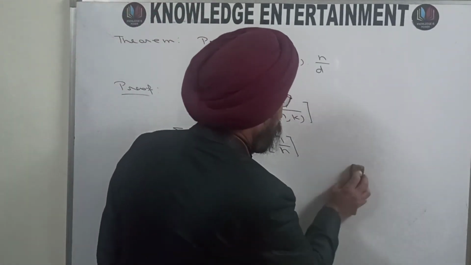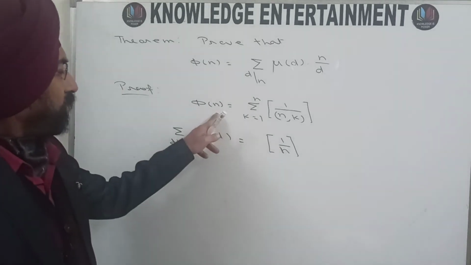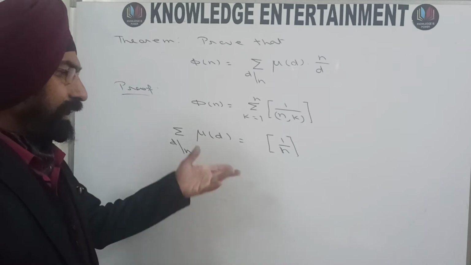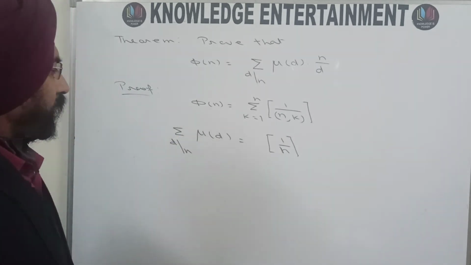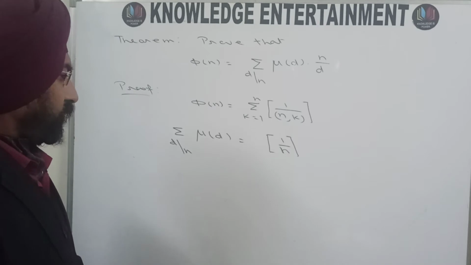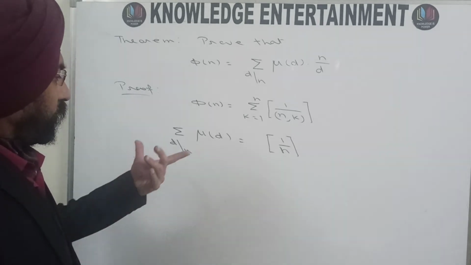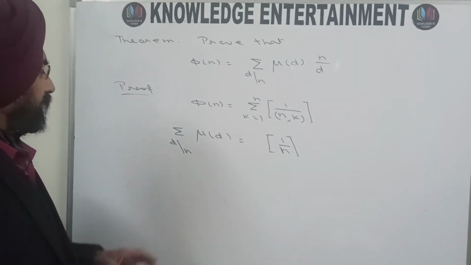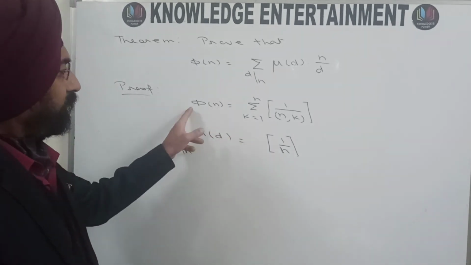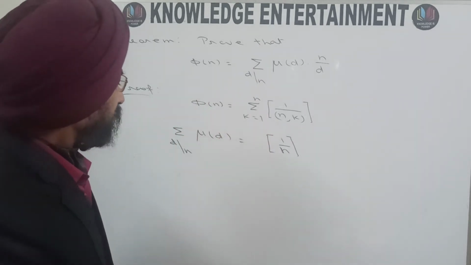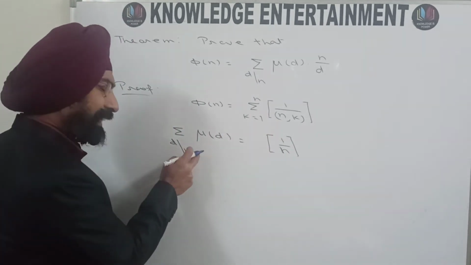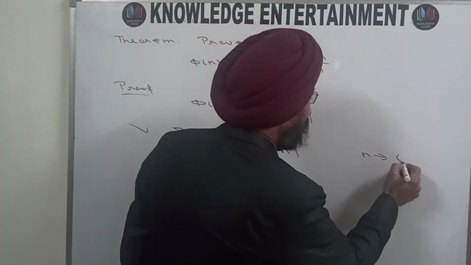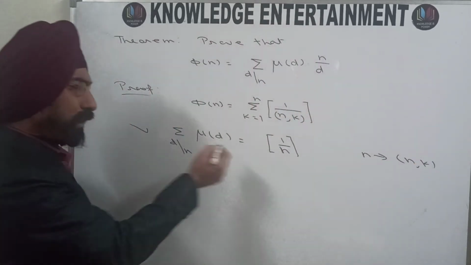So I have defined phi n and sigma mu d, d dividing n, in a different way. Now look at what can be done to prove this result. Sigma mu d is expressed in this form, phi n is expressed in this form. In this second result, replace n by GCD of n and k on both sides.